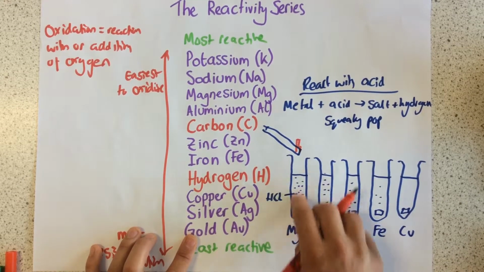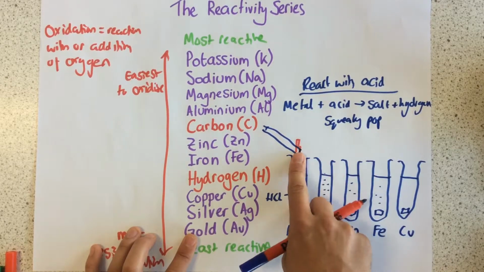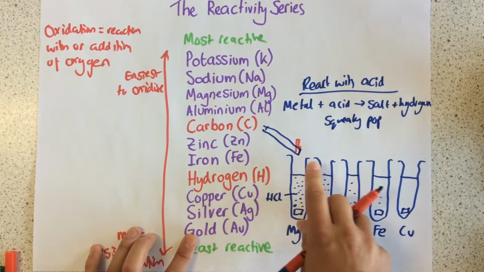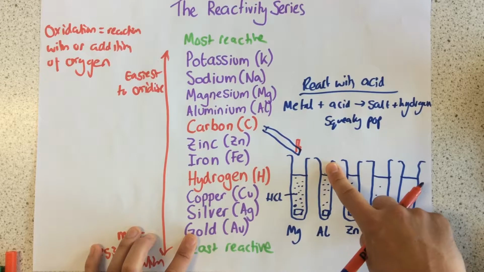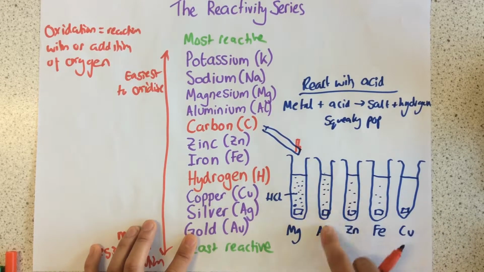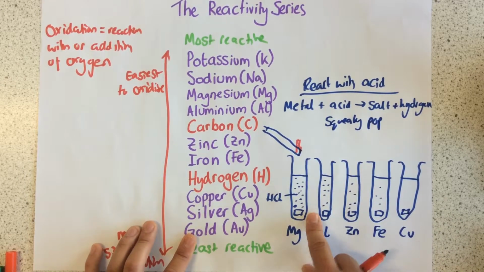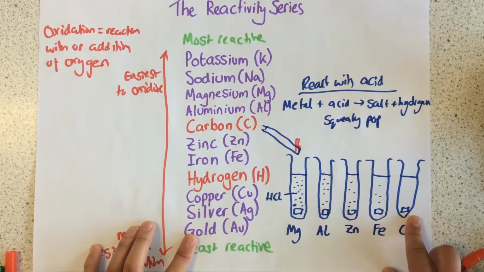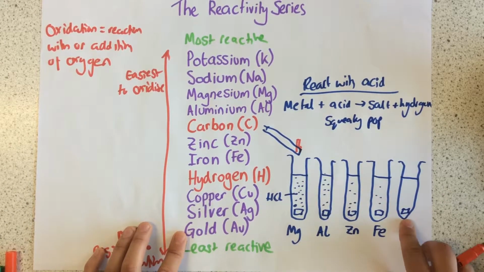So with this one, it will produce hydrogen at a very quick rate. There'll be a loud squeaky pop and a large one. Then this one would have a slightly quieter squeaky pop and slightly fewer bubbles being produced at a slightly slower rate, and so on. Until we get to copper, which will have no reaction at all.